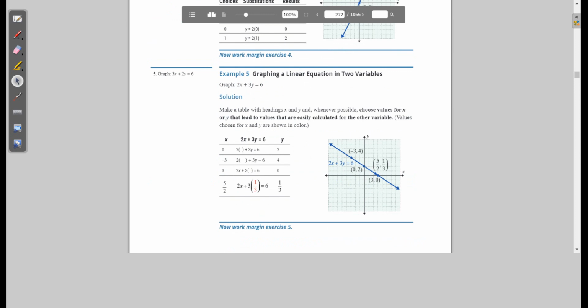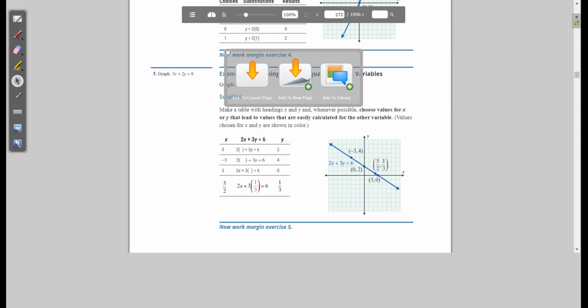Next up, like I said, we really only need to find 2 points. Since this is a linear equation, you know that any 2 points create a line. So let's go ahead and create our coordinate plane real quick.